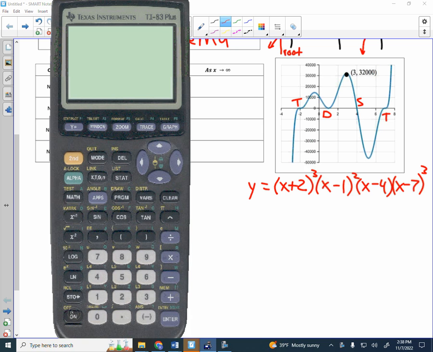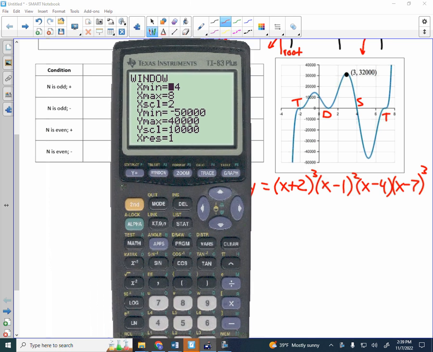Actually, instead of you typing it, how about I just type it in? So I typed into my calculator. If we do everything right, now just notice that this graph is a little bit out of whack. So I have to go into my window here, and I have to put a -4 and an 8, a tick mark every 2. I go down to -50,000 and up to 40,000, a tick mark every 10,000.